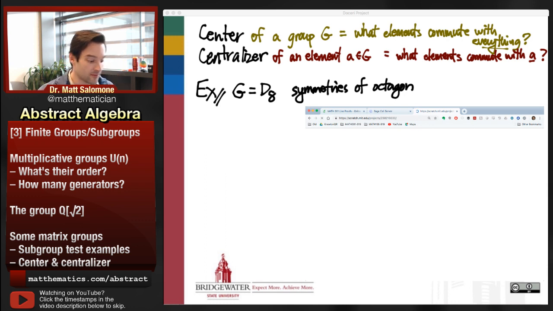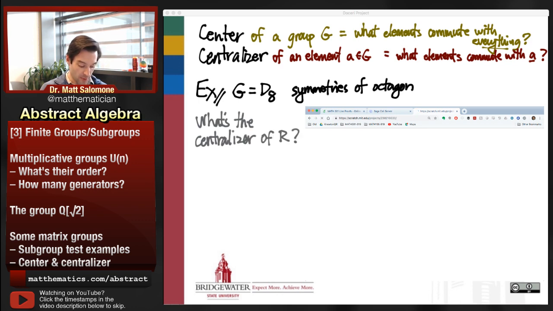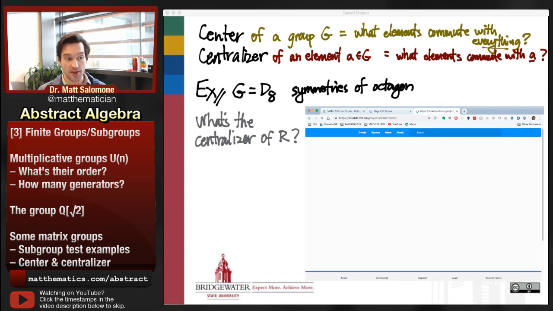And so the questions I want to answer while this thing is thinking is, what's the centralizer of R? R being my rotation. Turns out to be a 45-degree rotation when we're talking about the regular octagon, 360 divided by 8. Right? So there's the first question.